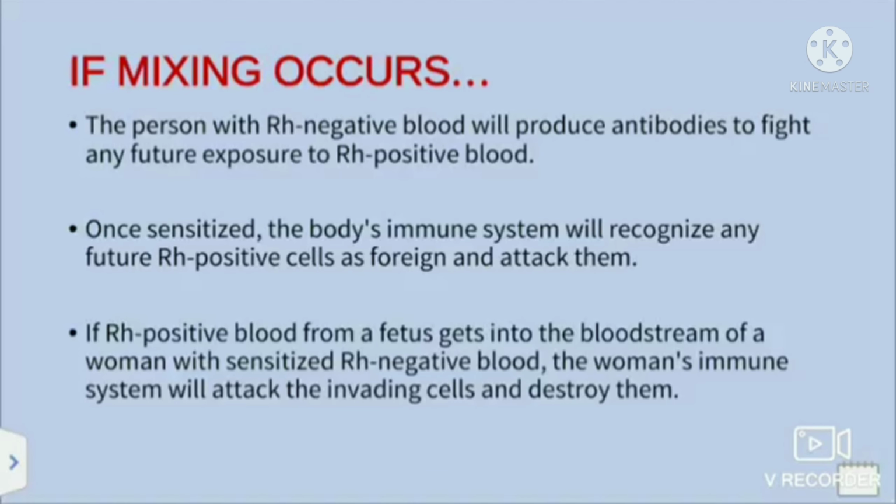And if the mixing occurs, then what will happen? In this case, we have to remember that the blood group of the mother is negative and the blood group of the fetus is positive.